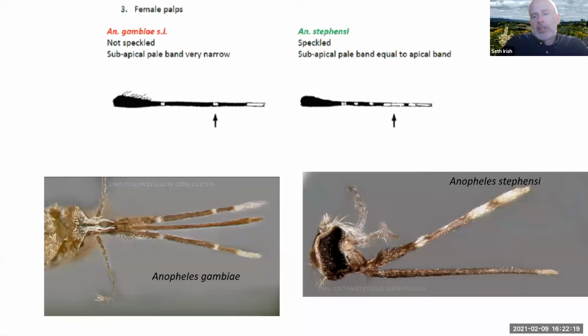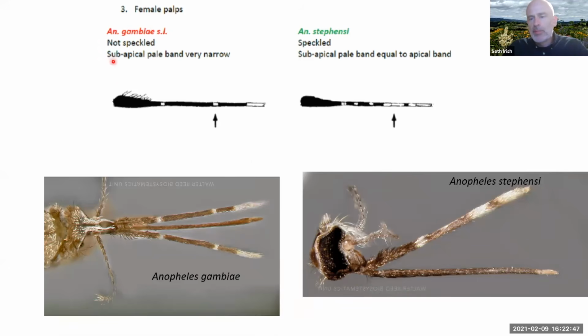And then also when you look at the palps, there's slight differences in the banding of the palps. So here you have the mosquito head, you're looking from above, and you can see the proboscis coming out here, and then the 2 palps coming out to either side. And you can see that this is the apical band, the band at the very apex of the palps, and it's quite long, or it's a good size.